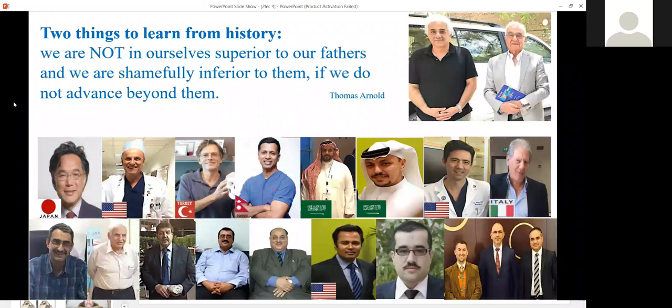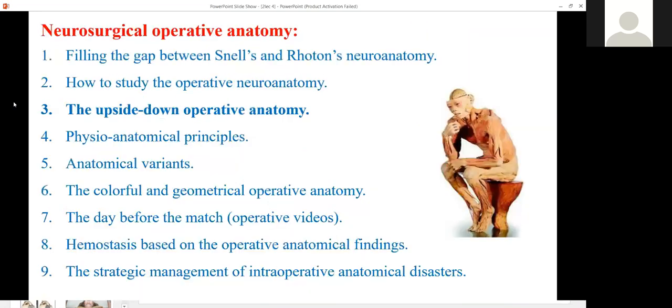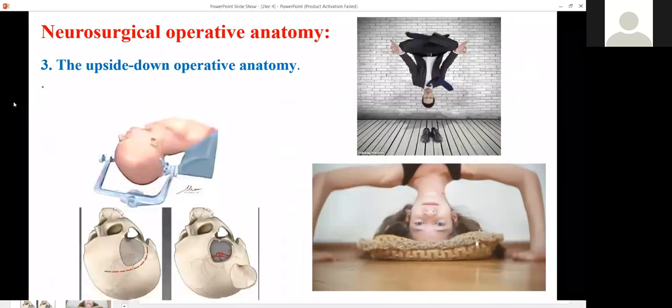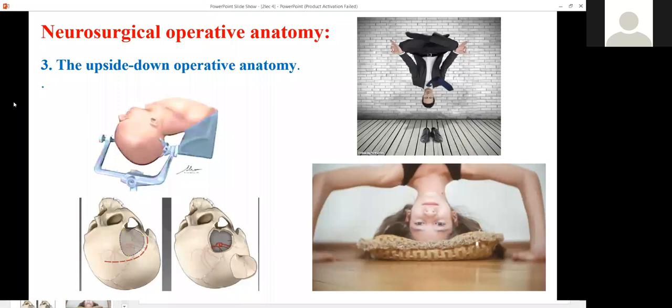As usual, we start our lecture with this slide. We are nothing without our teachers, and we are shamefully inferior to them if we do not advance beyond them. Our topic is the upside down operative anatomy, what we mean by it, and why it exists.